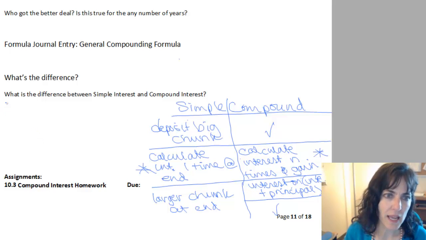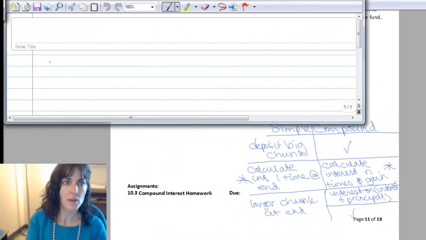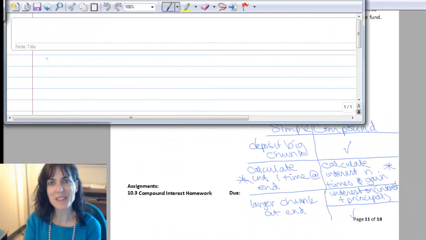So we could say simple interest. Since I'm having just a little bit of trouble with my journal note writer for some reason, I'll see if I can write the difference in this separate file.